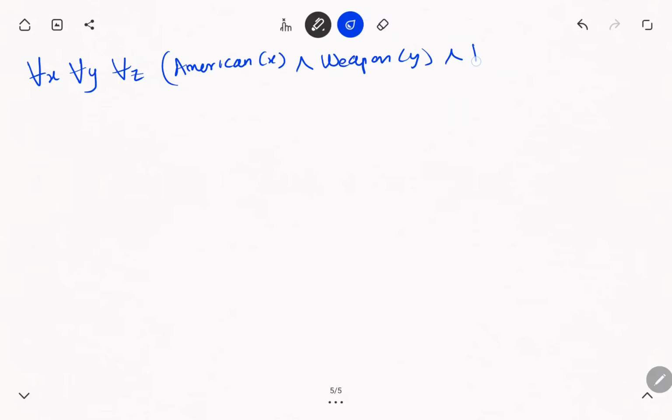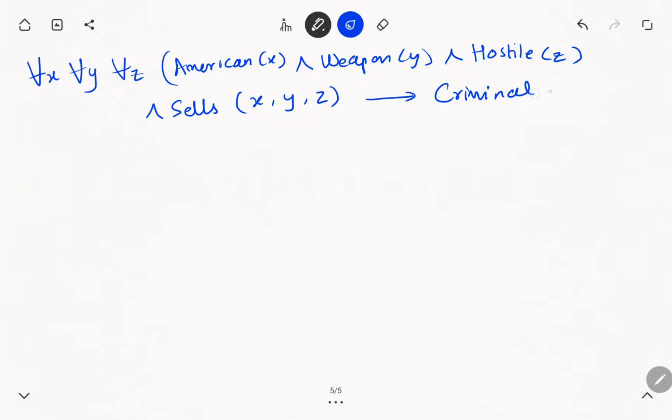For all x, for all y, for all z, American x and weapon y and hostile z and sells x, y, z implies criminal x. So what all substitutions will we have to use?